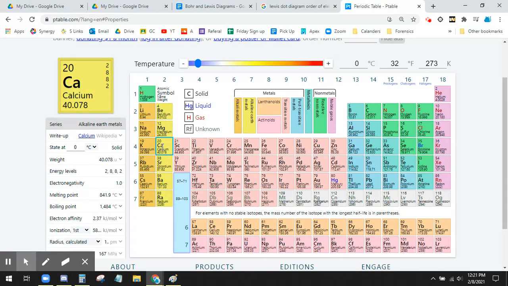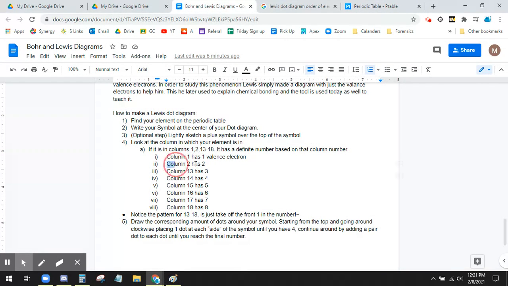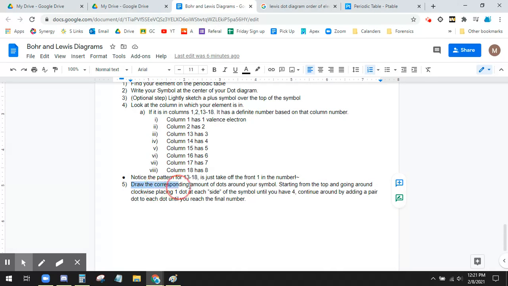Okay, so if we go back here, we found out how many it has. Then what you want to do is draw the corresponding amount of dots around your symbol. It says starting from the top and going around clockwise, placing 1 dot at each side of your symbol until you have 4. Okay?